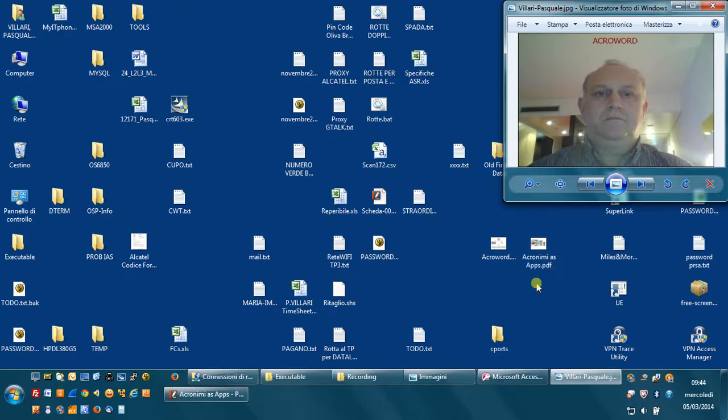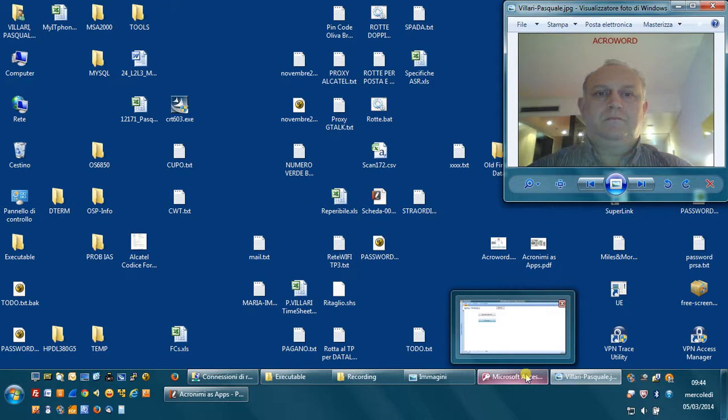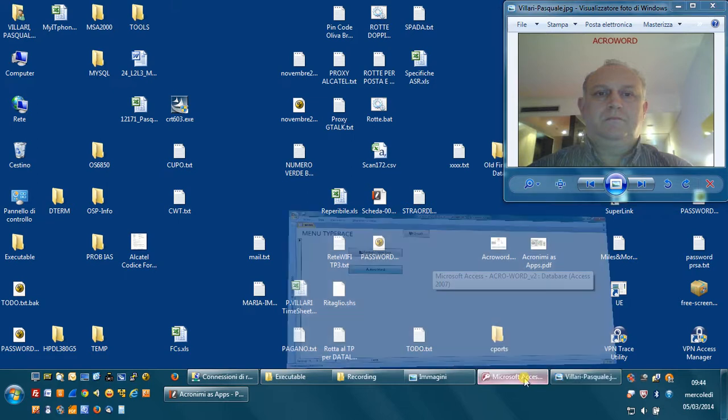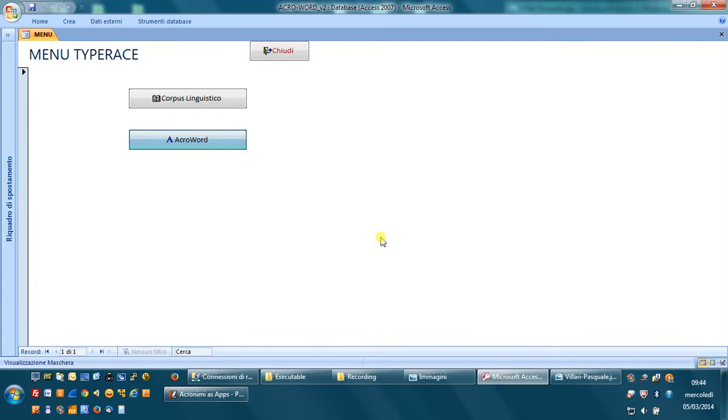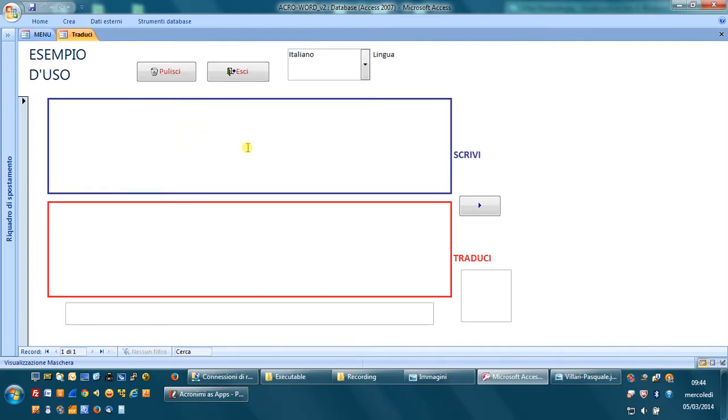To close this presentation, we want to introduce the prototype of AcroWord. AcroWord is presented at this moment as a small window where it's possible to write acronyms or also phrases directly. So it's possible to write, for instance, a word.